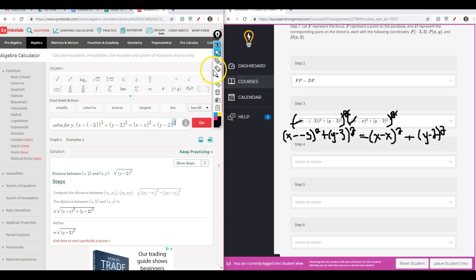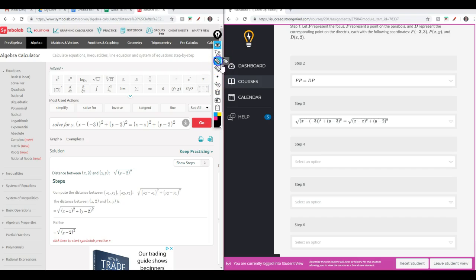So again, remember that your actual very first step is to square those square roots so that they reduce out, and then you're left with just what's underneath the radical, and so that's what I typed in. And I knew I was solving for y because this x minus x reduces down to 0.